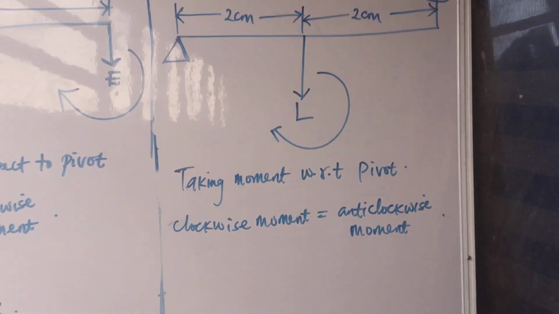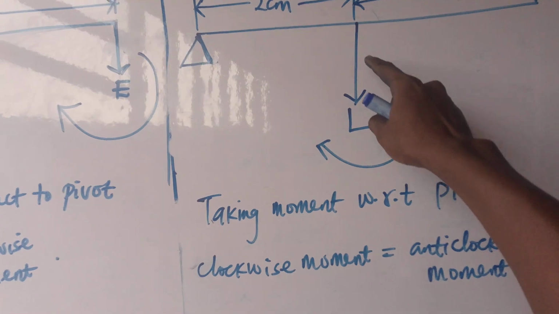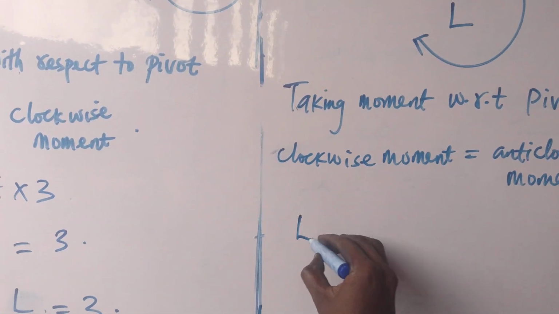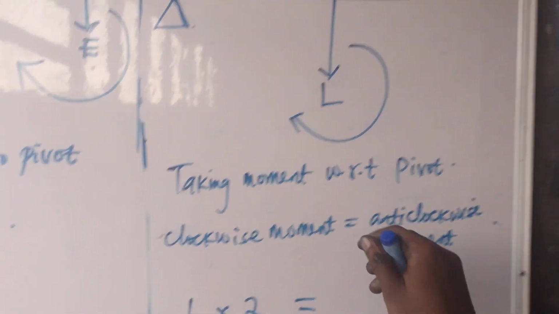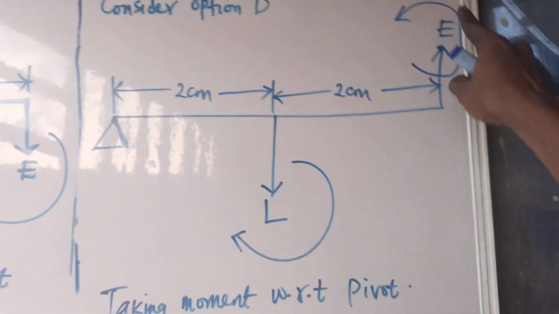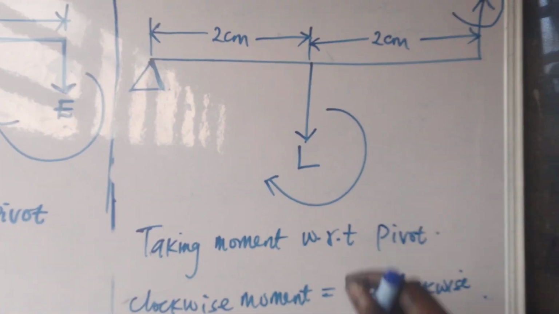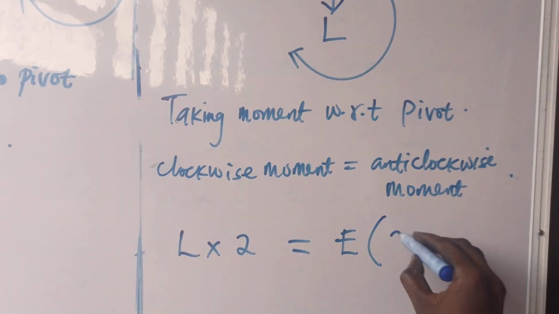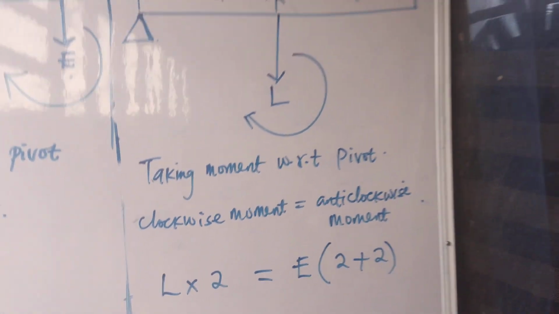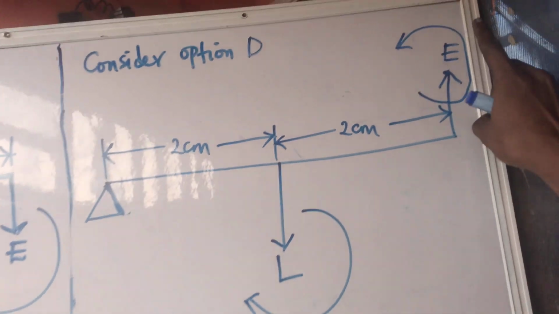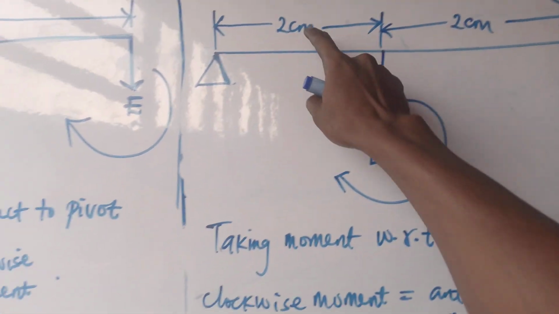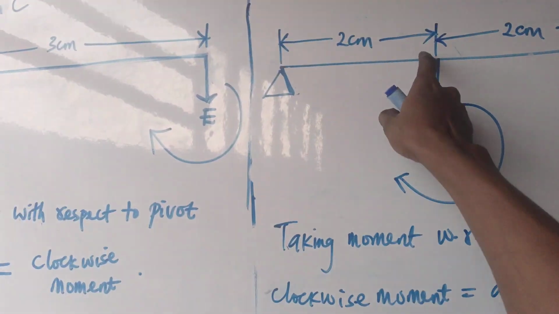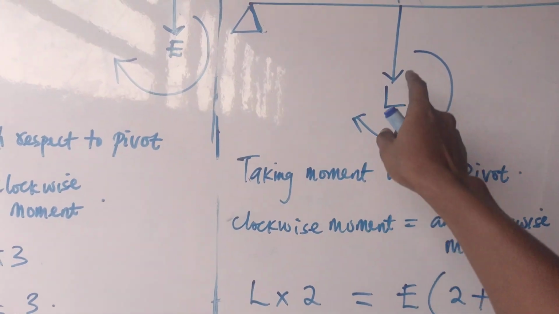Now the clockwise moment is this load times this distance, that is L times 2, and the anti-clockwise moment will be this effort times the distance from here to here, that is effort E multiplied by 2 plus 2. While the load's distance from here to here is just 2.